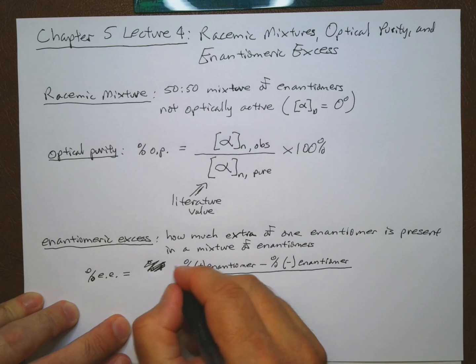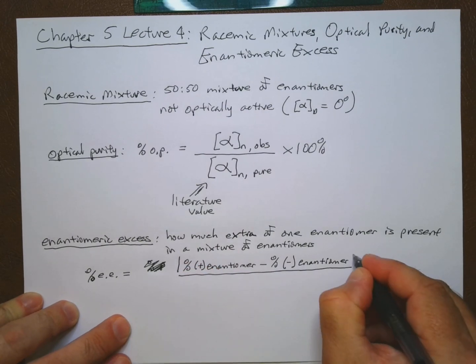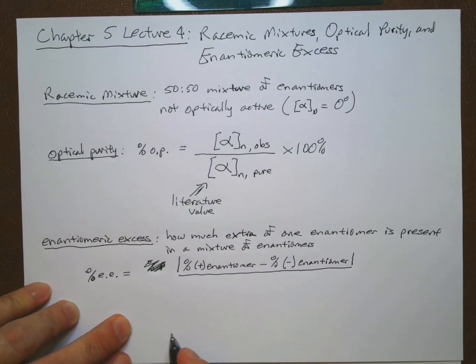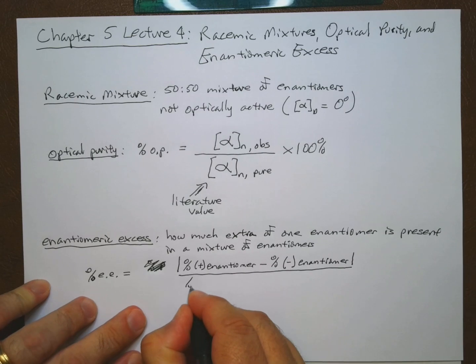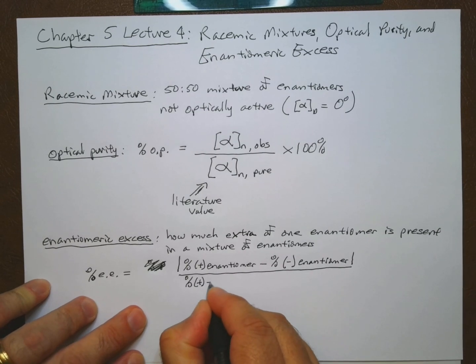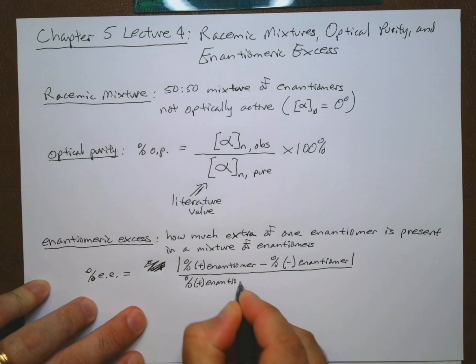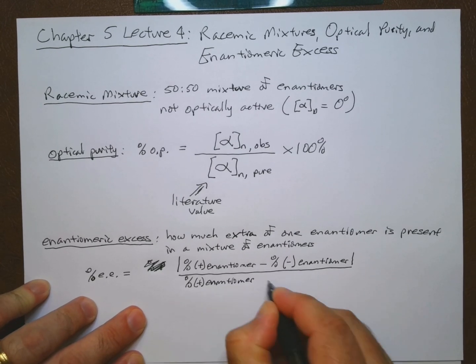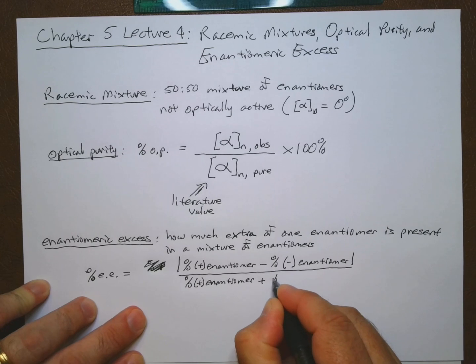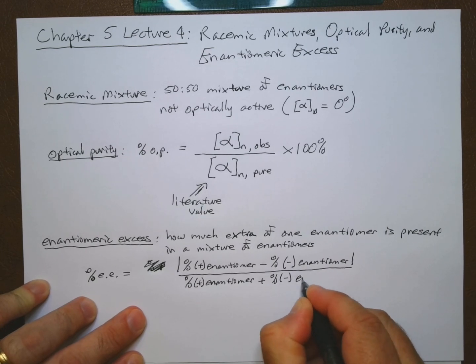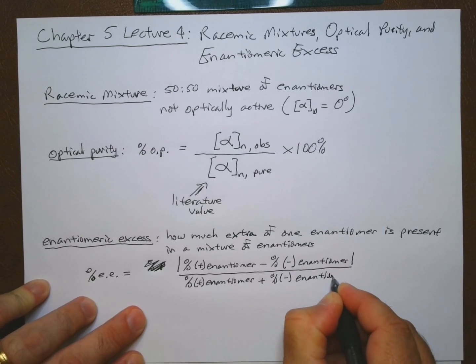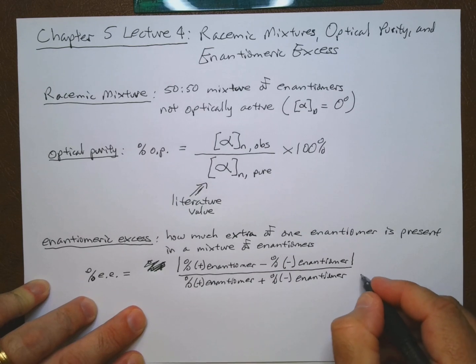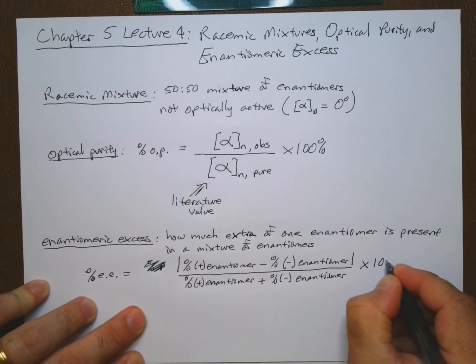So the difference between the two, and we'll take the absolute value of that, and then we'll divide that by the percent plus enantiomer plus the percent minus enantiomer. And then that's going to be times 100%.